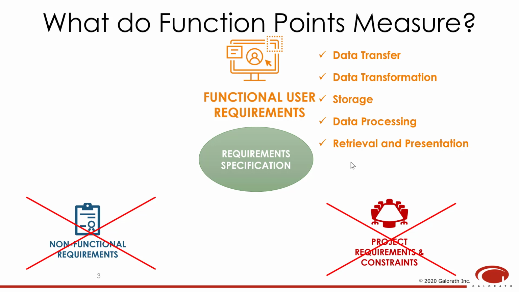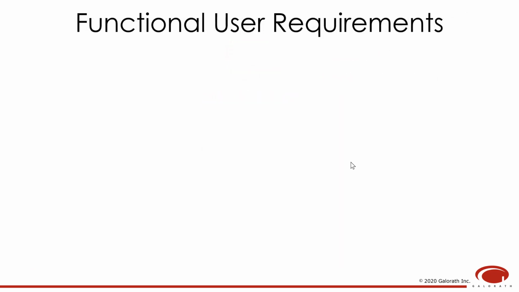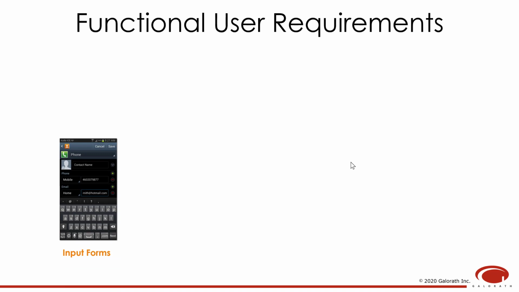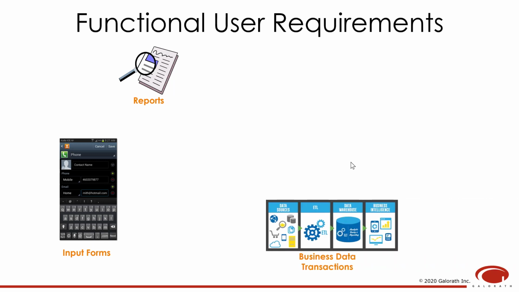Function points focus on measuring the size of the functional user requirements. Let's take a look at some examples of functional user requirements. Input forms. For example, adding a new contact in your phone is an example of a functional user requirement. Any type of report generated by an application.